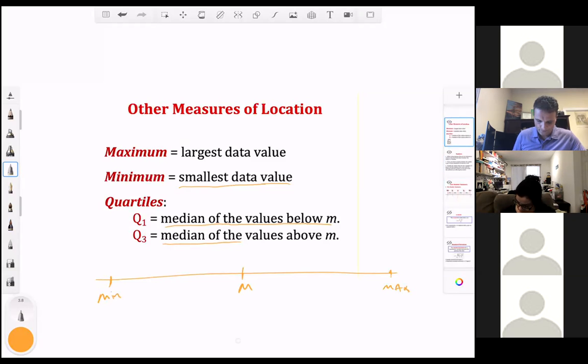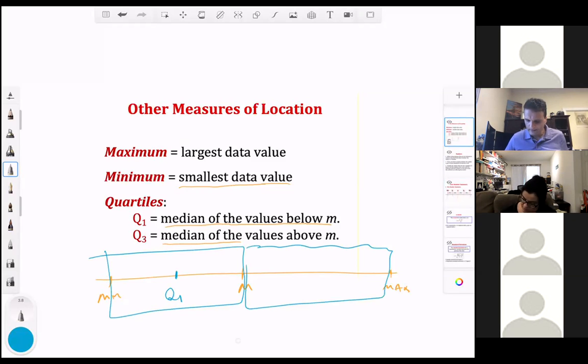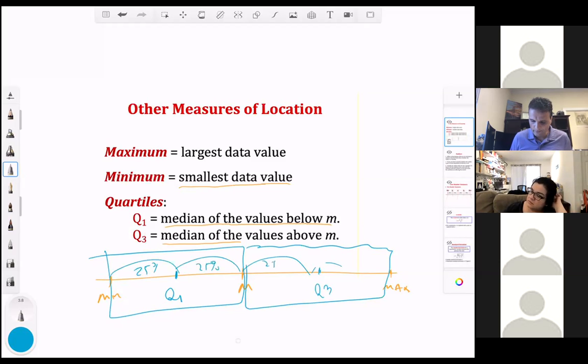We would like to find the median of this part as well, where the middle point will be here. They call it Q1, the first 25%. We also like to find the median of the second half. This will be Q3. And our data set will be divided into 1, 2, 3, 4, which will be 25%, 25%, 25%, and 25%.